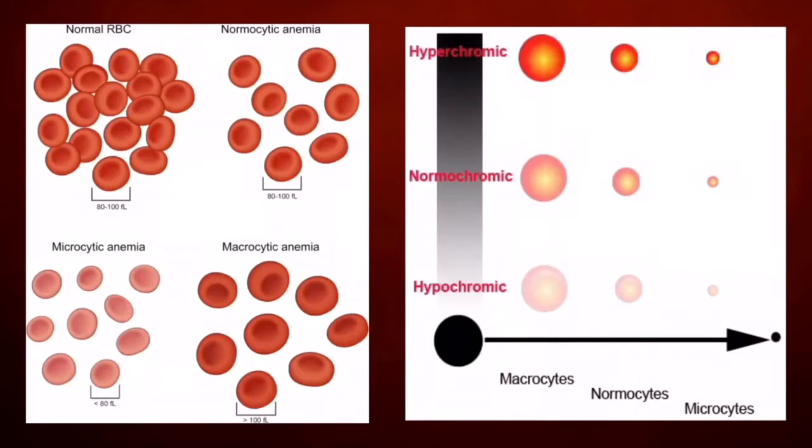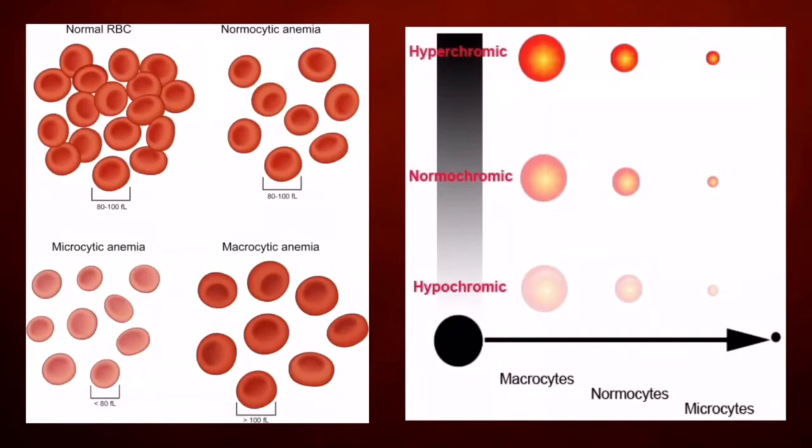And see the one below, which is microcytic anemia. It is very thin, so the size will be less than 80 femtoliters. In macrocytic anemias, the next picture shows the RBCs are enlarged, more than 100 femtoliters in size. And the second picture shows the color. Normochromic is brighter than hypochromic, while in hypochromic you can see it is very pale compared to the normochromic.